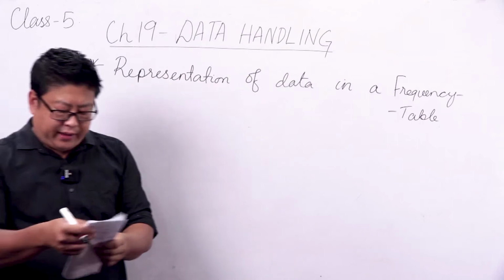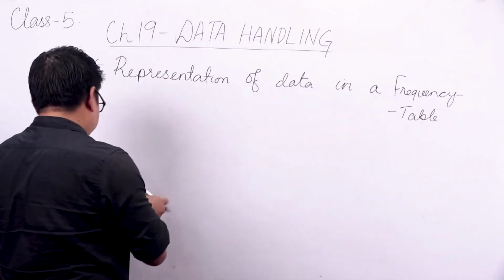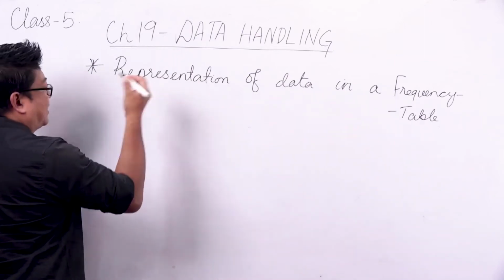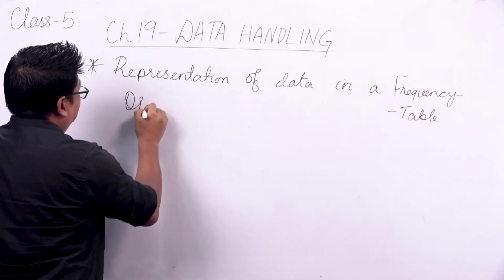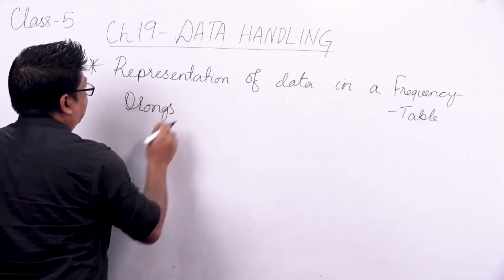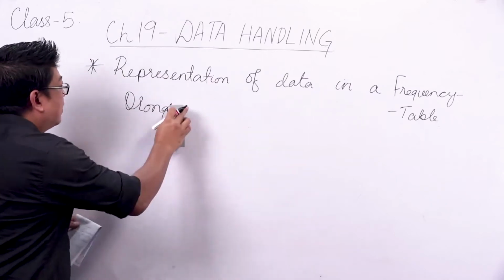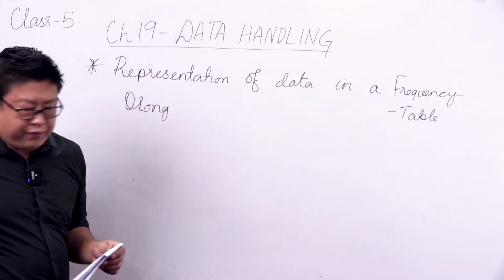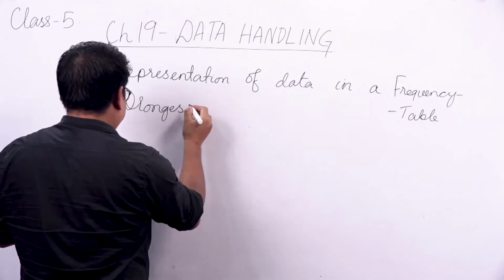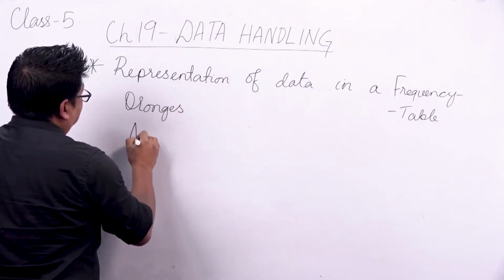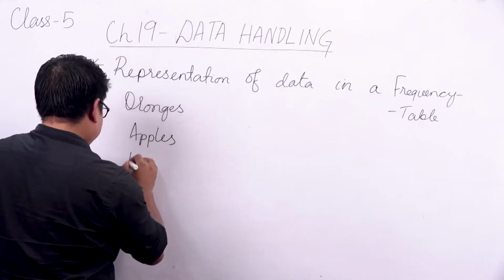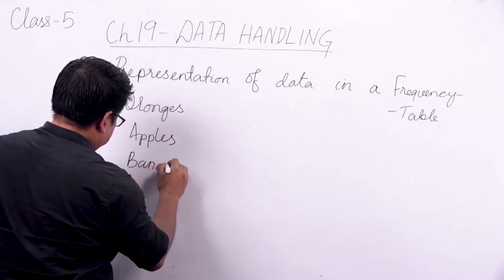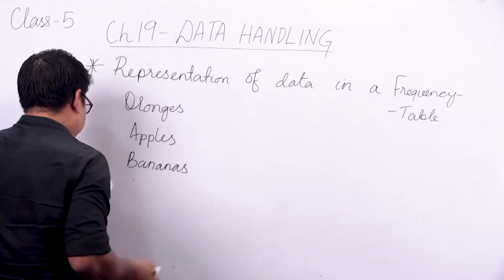Let's take an example where we have a basket with different fruits. The first fruit is oranges, then we have apples, and bananas.